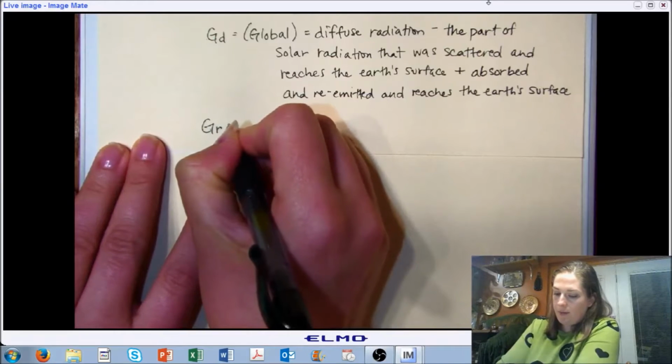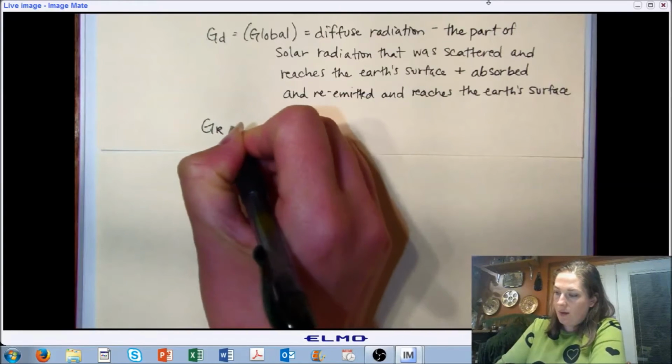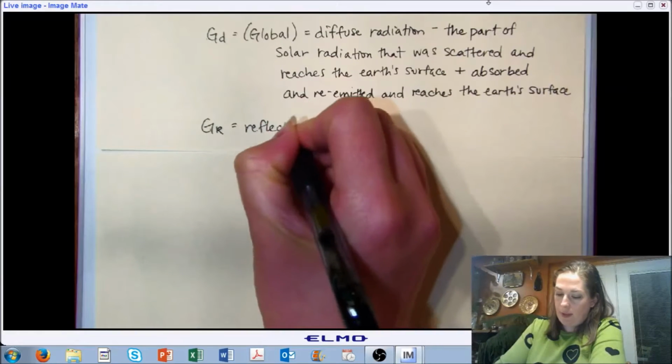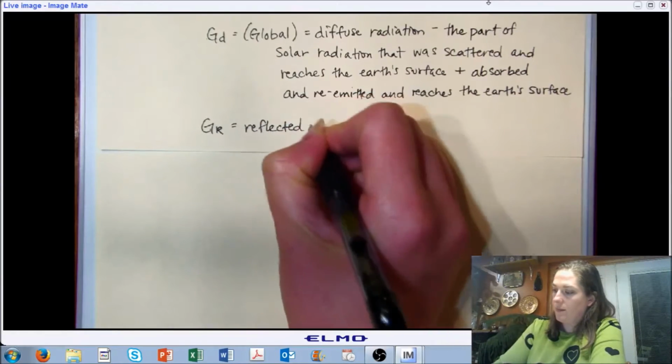The next type of radiation that we might encounter is the reflected radiation.